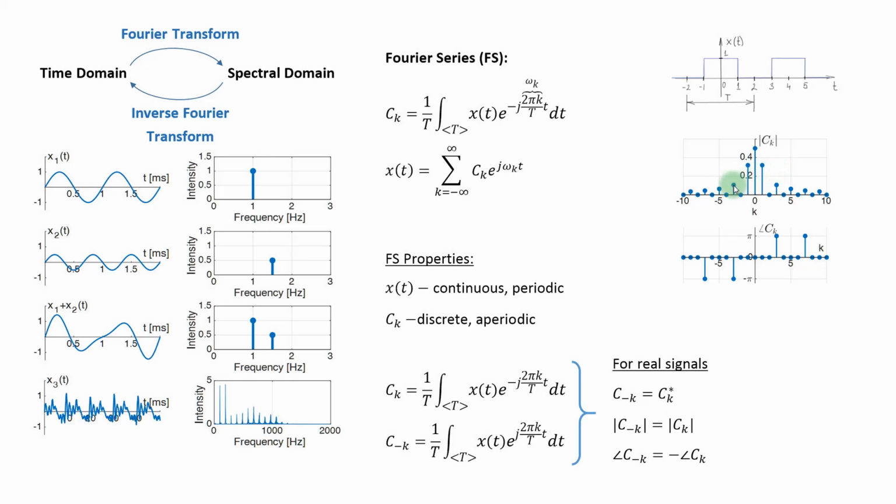The value for some negative k is the same as the value for the same positive k. Mathematically, that corresponds to this. And in the phase spectrum, the value for some negative k will be negative of the value for the same positive k. Mathematically, we can write that like this. Just let me stress that this holds for the real signals. If the signal in the time domain is complex, this symmetry is broken.